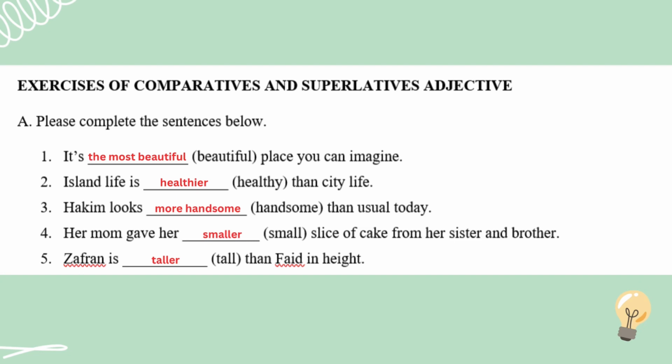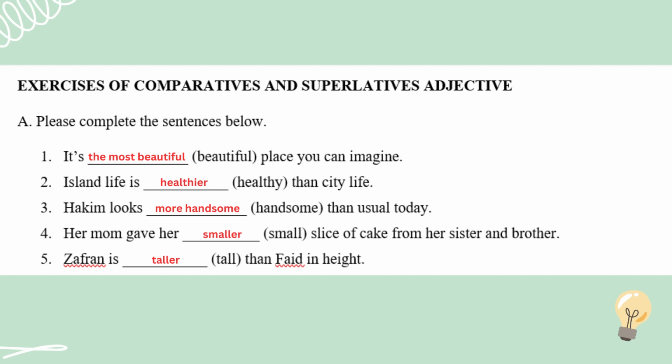Now, let's take a look at the correct answers. Please tick if you got the answer correct and do a correction if you answered wrongly. The first question: it is the most beautiful place you can imagine. Second: island life is healthier than city life.